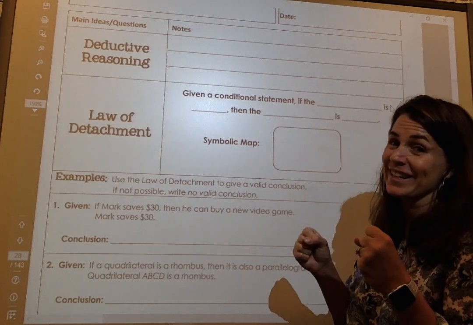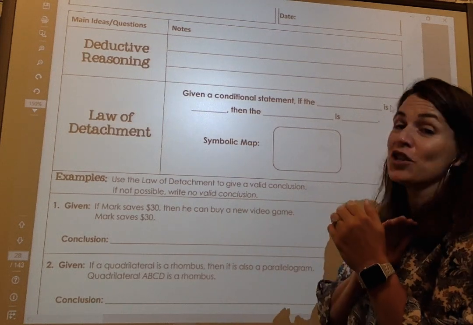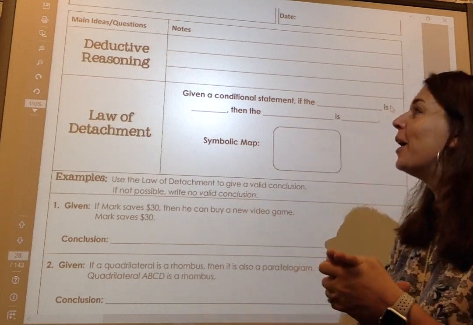I love deductive reasoning. So deductive reasoning is pretty much how we deal with life.